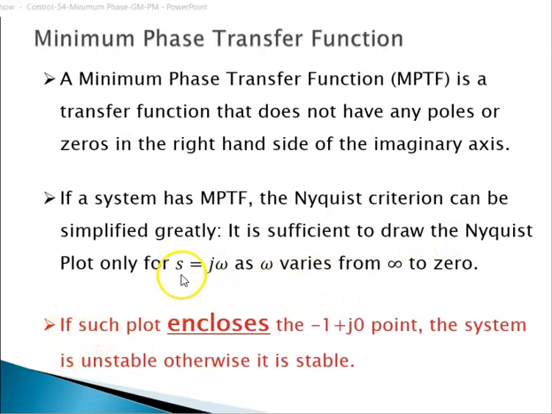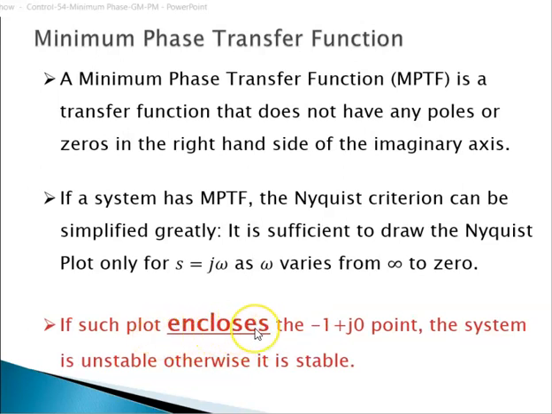If the plot you generate for s equal to j omega, as omega varies from infinity to 0, encloses the critical point, see, I have written it in big letters, bold and underlined. We are not talking about encircled now, it is encloses. Recall the definition of enclosed as we discussed in the previous videos.